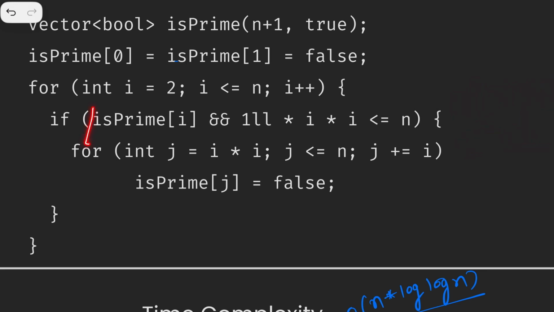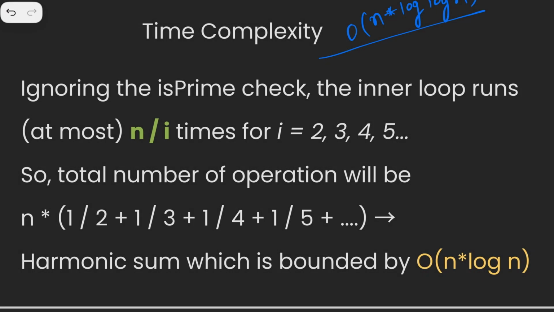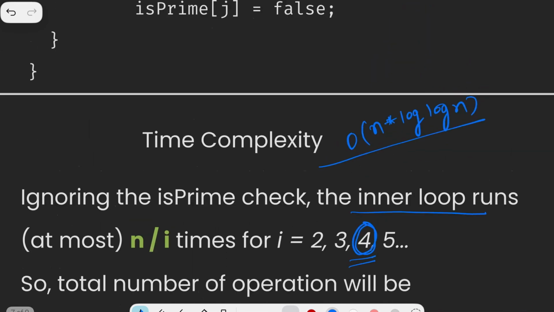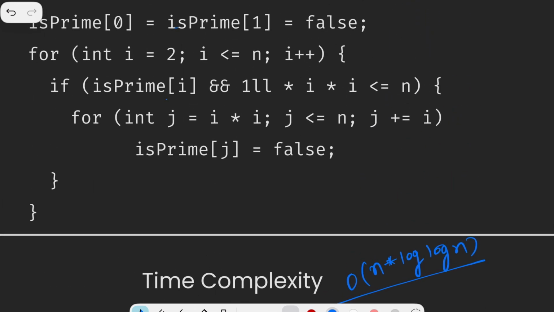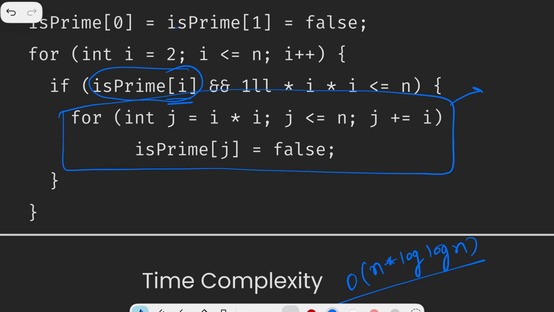Now let's consider this isPrime check. So we said that the inner loop runs n by i times for i equal to 2, 3, 4, 5. But when i is equal to 4, the inner loop will not execute. Why? Because of this isPrime check. 4 is not a prime number, so it will be marked as false already by 2. So the inner loop will not be running for composite numbers like 4, 6, 8.